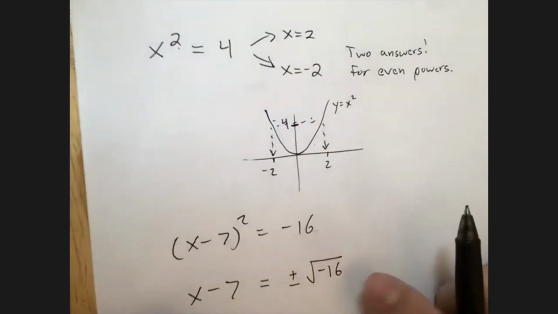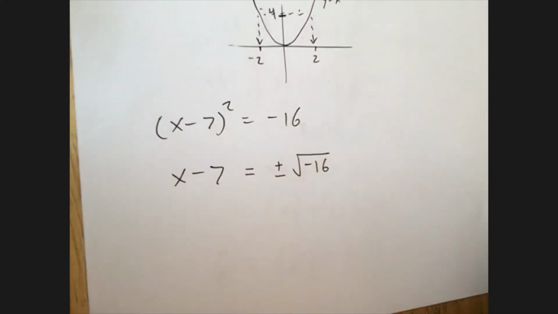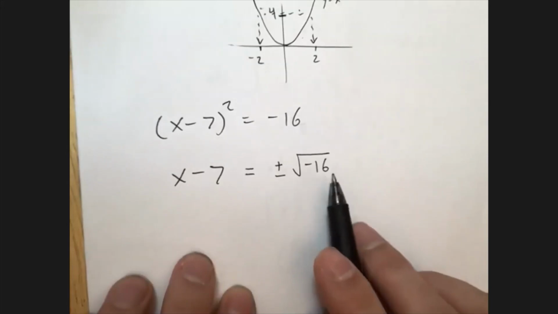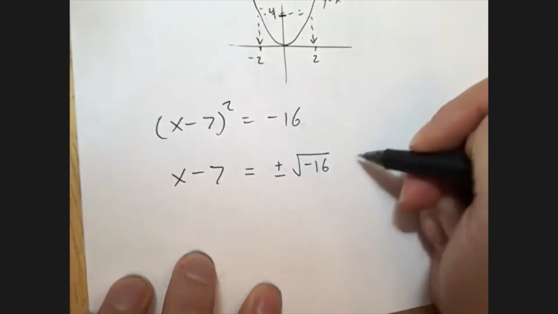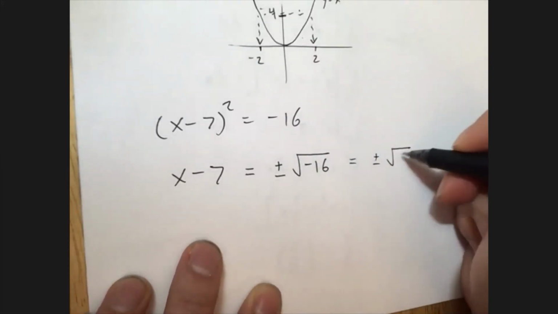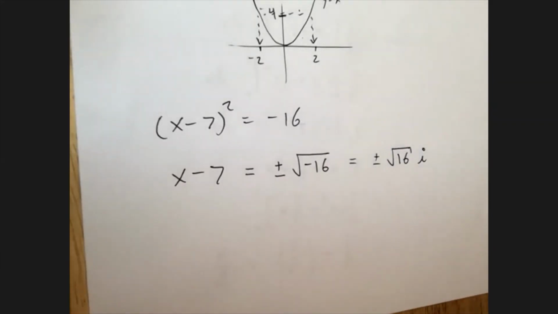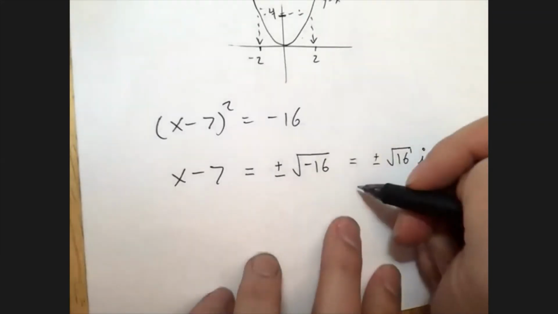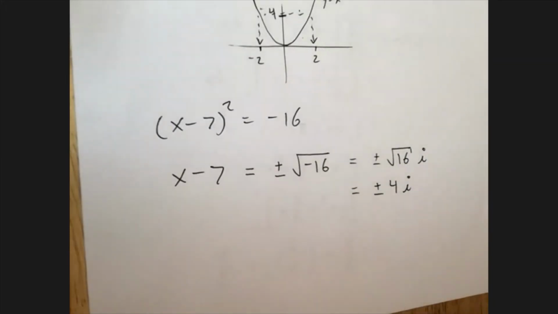So same thing. Okay, so let's simplify this thing. Well, we know that the negative comes out as an i. So this is the same as plus or minus root 16 times i. But I know what root 16 is. It's 4. So this is plus or minus 4i.